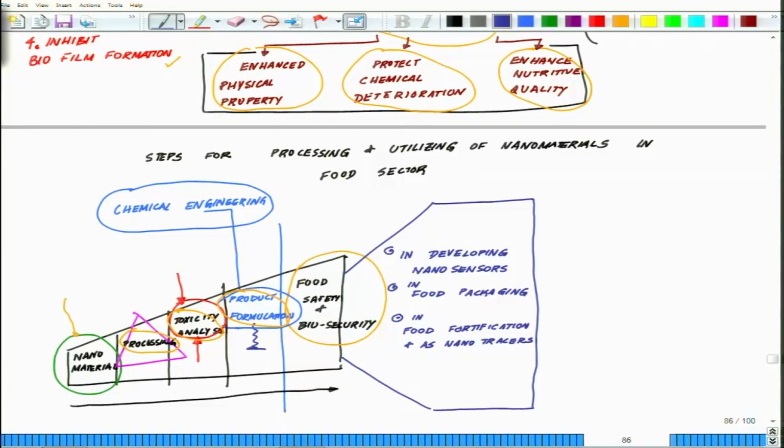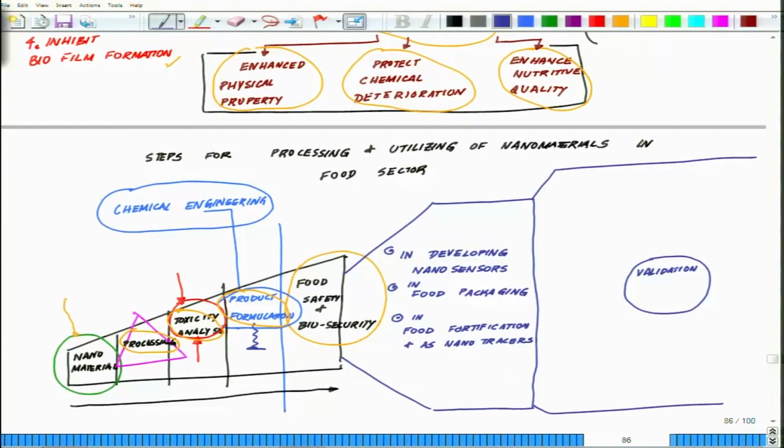There are validation of regulatory approvals of nanosensors. So, these are the technical aspects whenever we talk about the food industry one has to understand. So, the central part is the validation. This is the procedure it goes through.